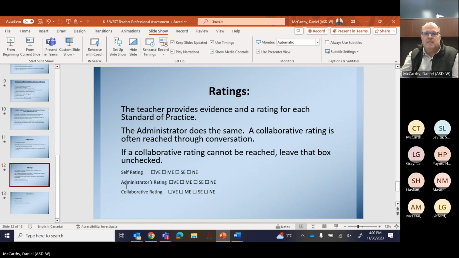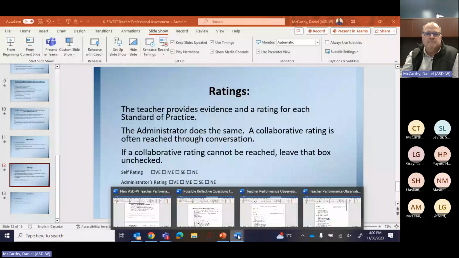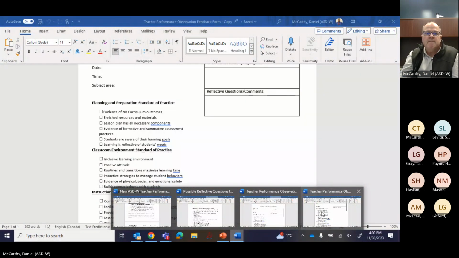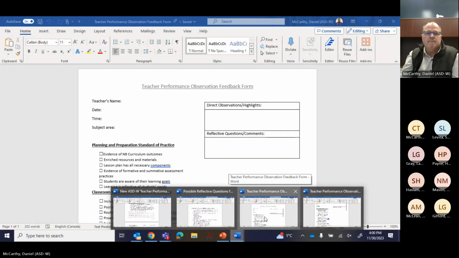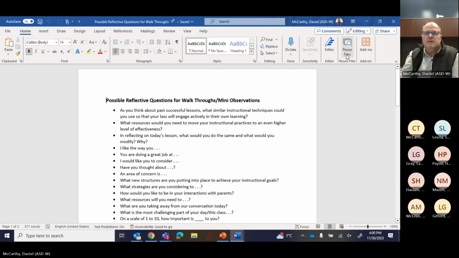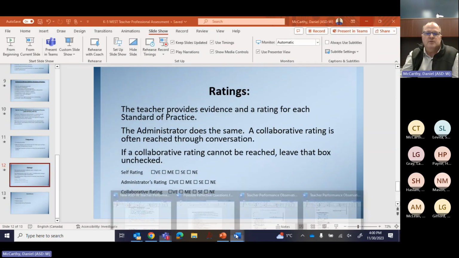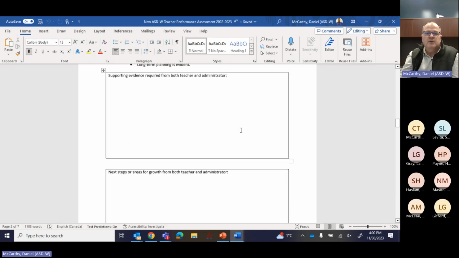And so once you've completed that, at the bottom of your form, you should be able to see, I just wanted to show you at the bottom of the form, this one here.